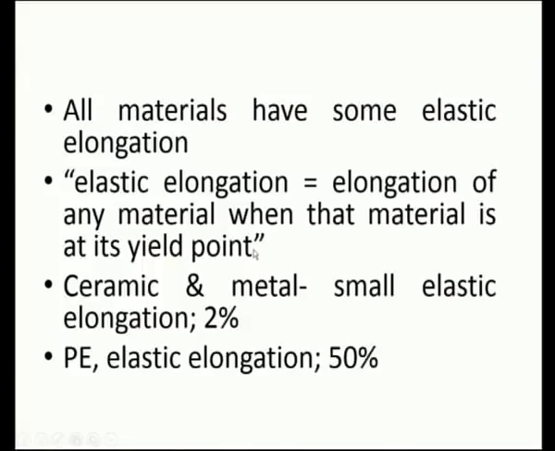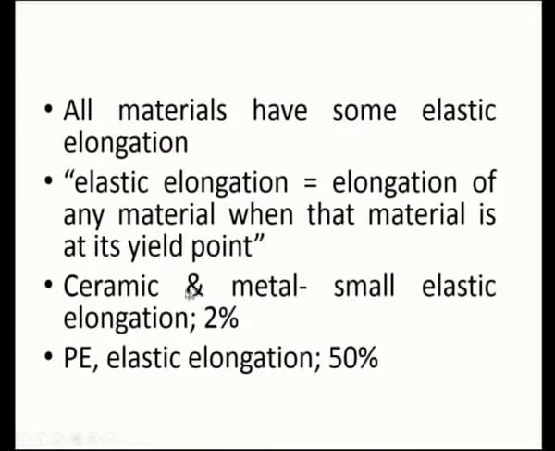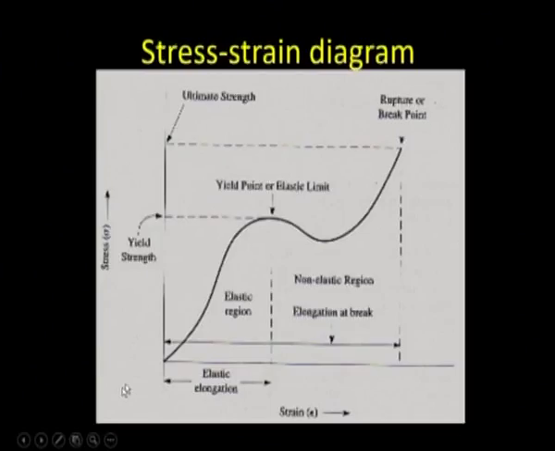Ceramics and metals have a small elastic elongation, very little, only about 2%. Polyethylene's elastic elongation is 50%. So you can see the difference: some hard materials have very little elongation, whereas some soft materials have more elongation.